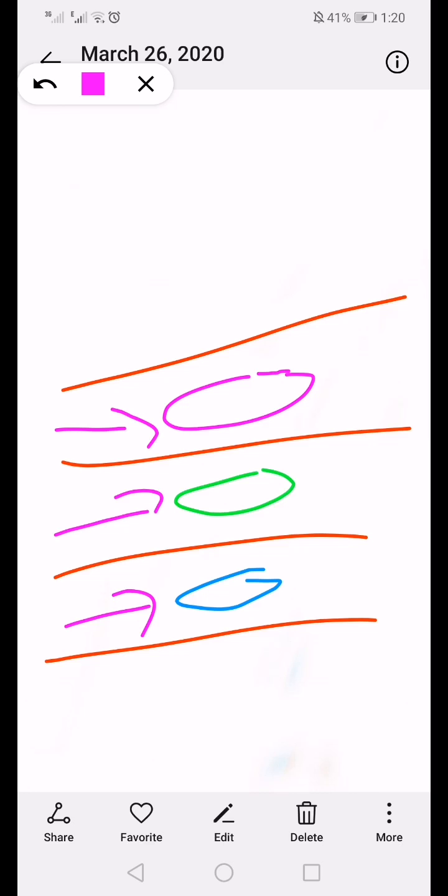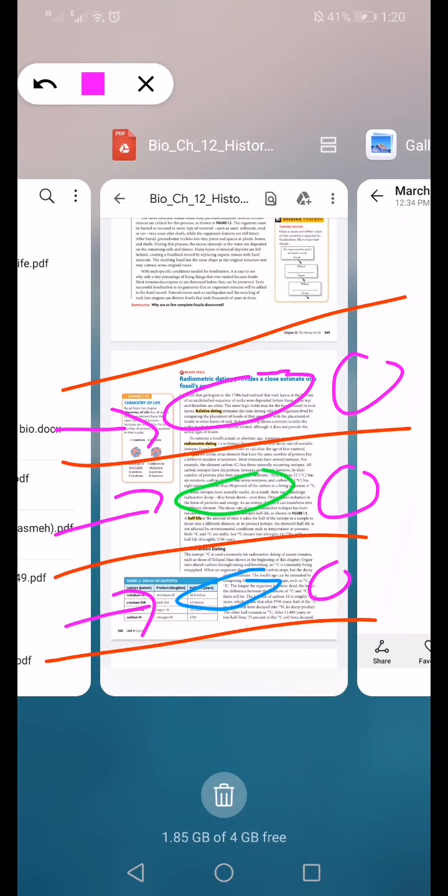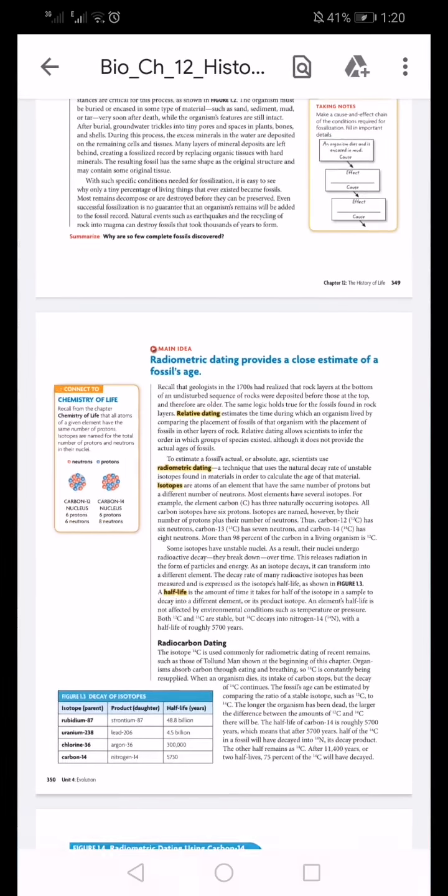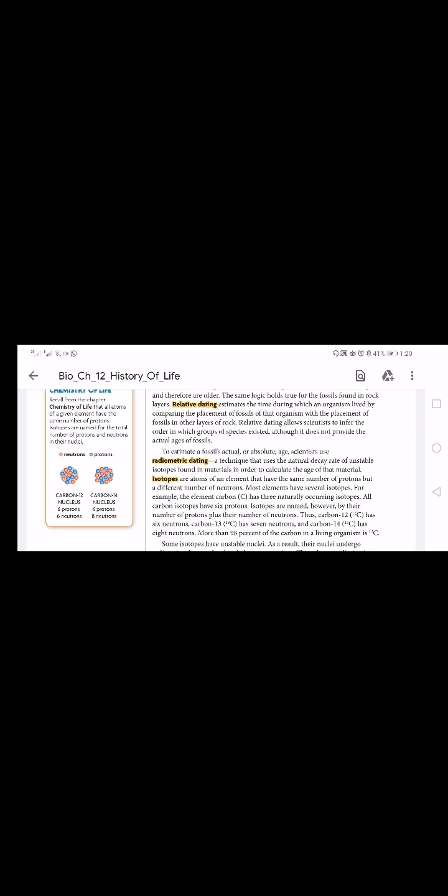Their dates relative to each other. فإحنا بنعمل scale، هذا السكيل بنحط فيه this one older one، هاي new، هاي newest one، وهكذا. بنسميه relative dating. طيب.